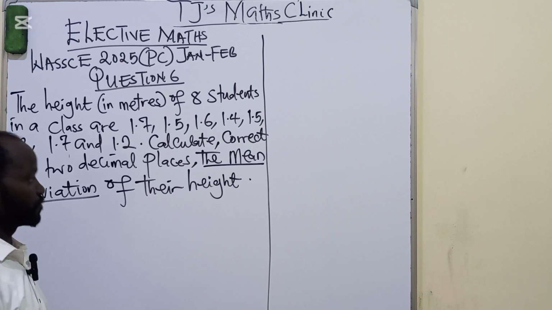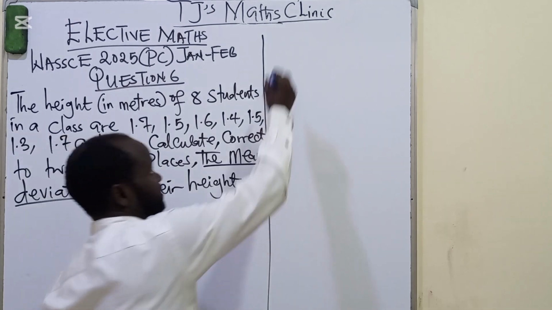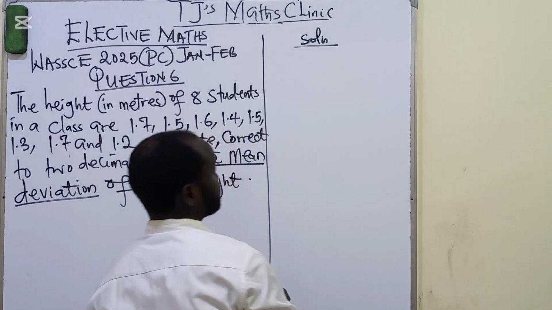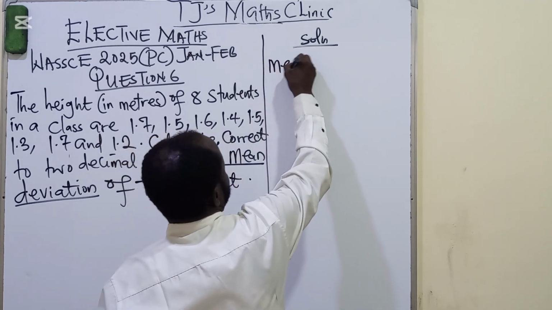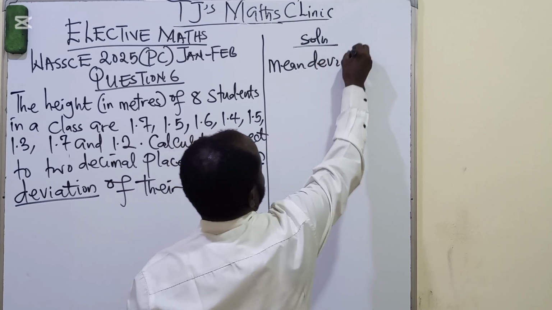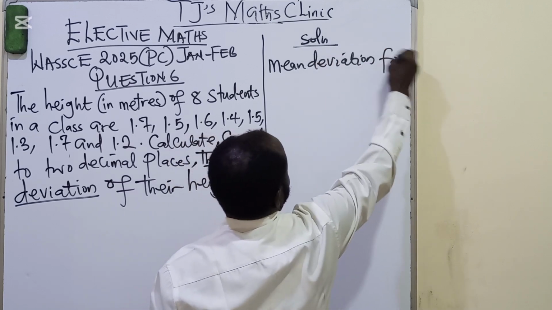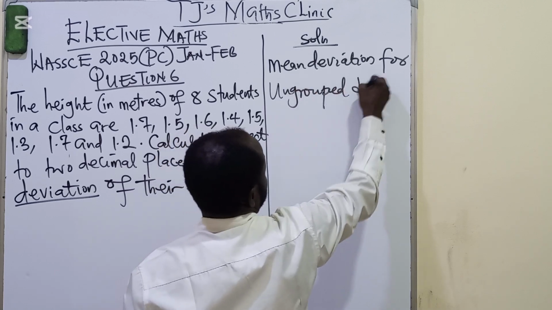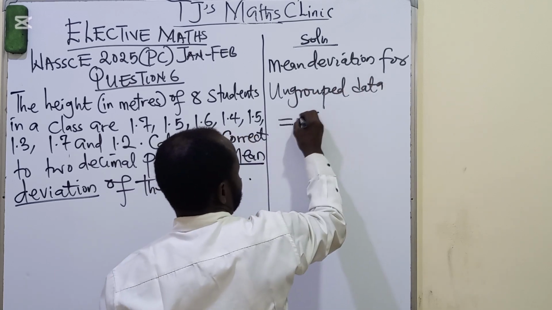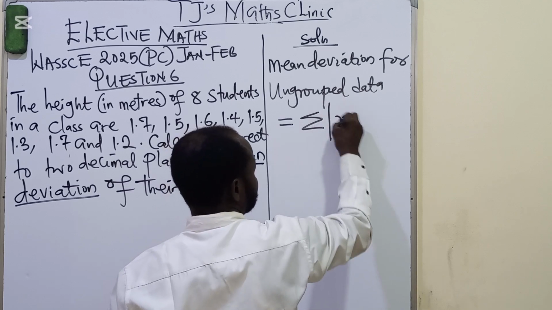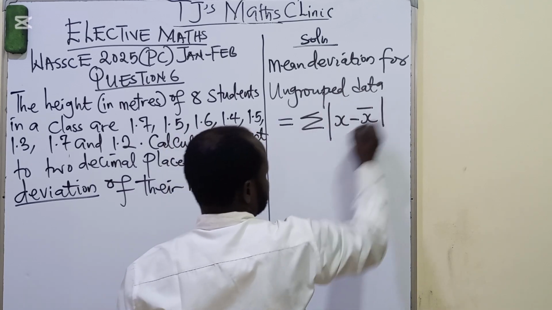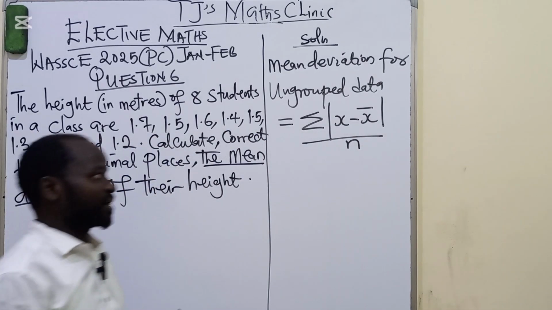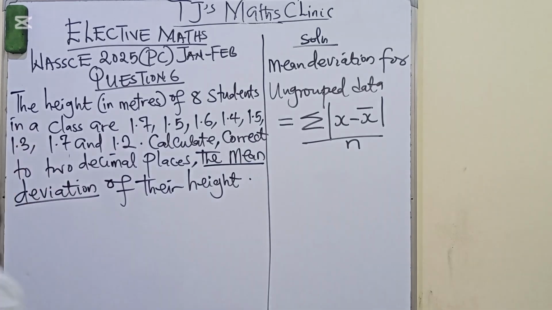Let's write down the solution. The mean deviation for ungrouped data is given as the summation of the absolute value of x minus x bar, divided by n.